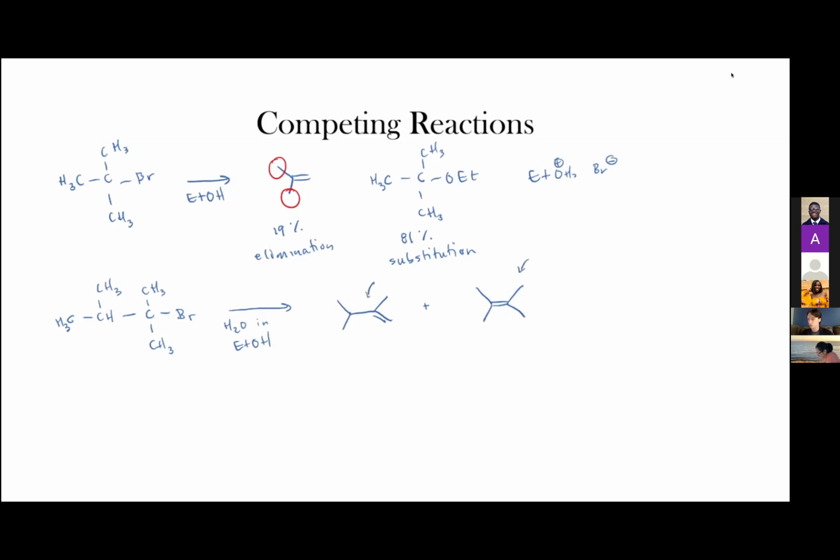And so this one right here is the major isomer that's formed because you have the 4 alkyl substituents at the double bond. This right here is the elimination product, and this constitutes 62% of this reaction. And we also get substitution products, which look like this.